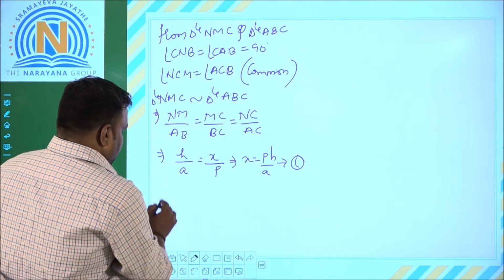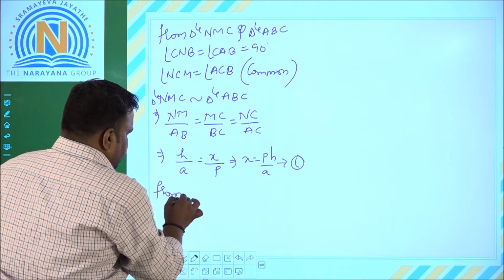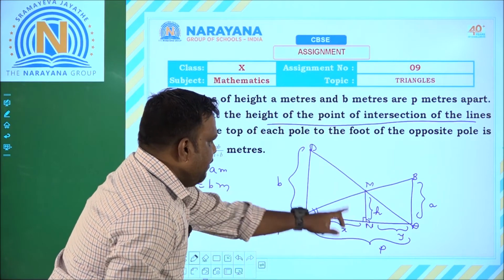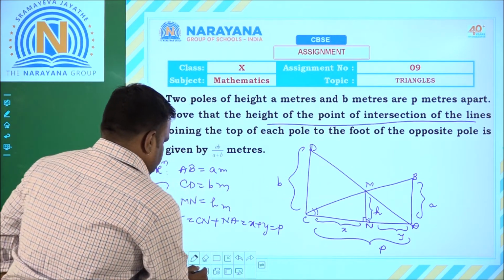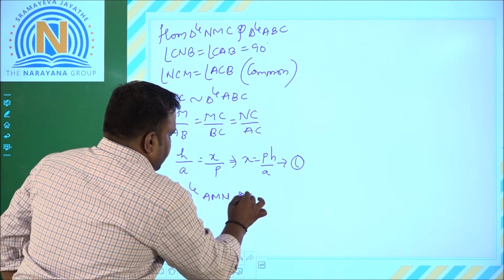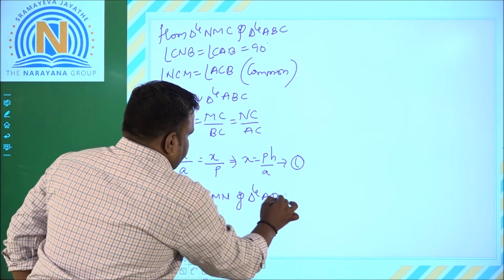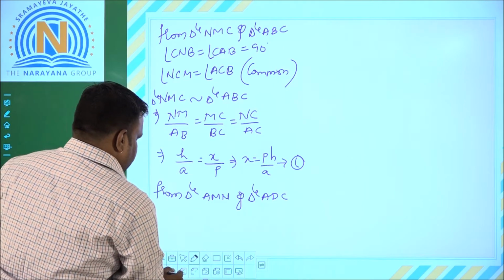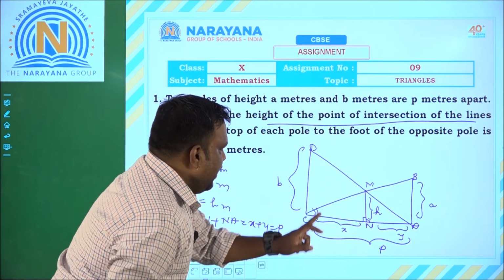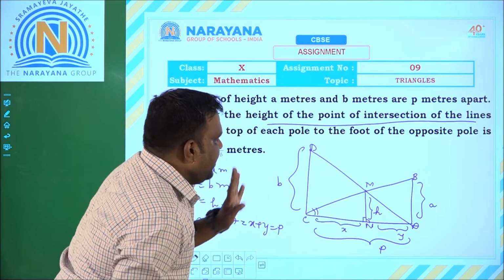Similarly, from triangle AMN and triangle ADC, here also if you check clearly, angle NAM and angle CAD are both the same.